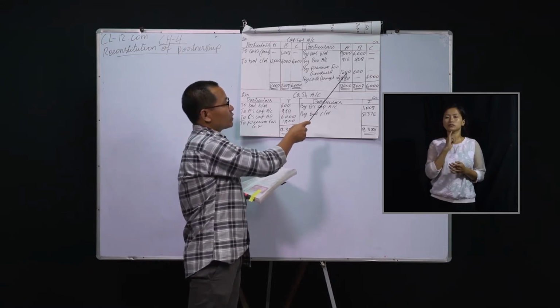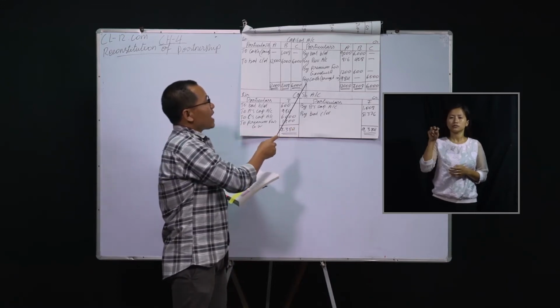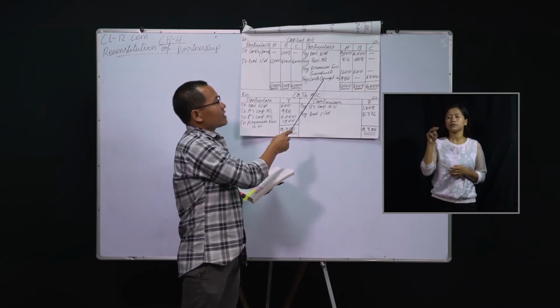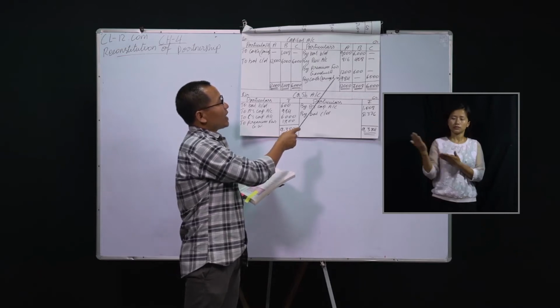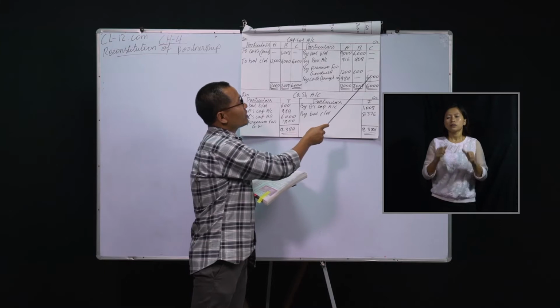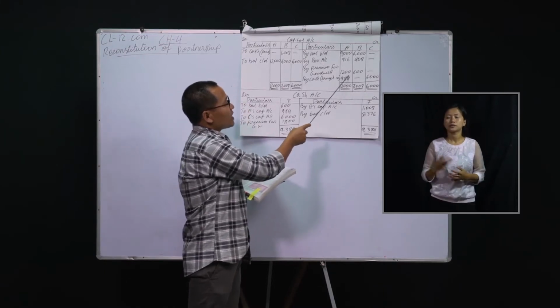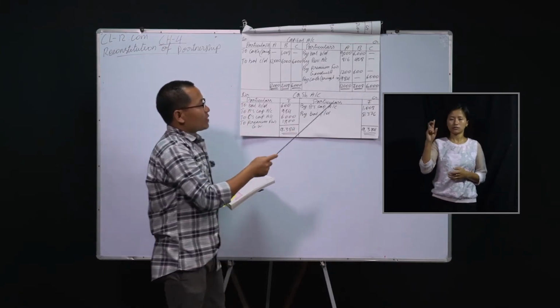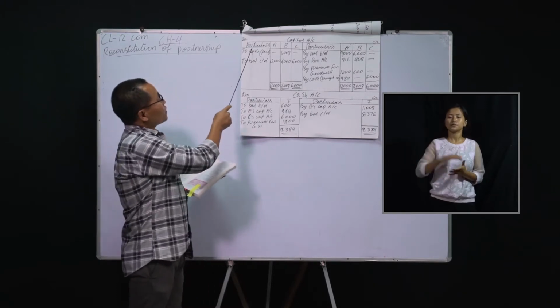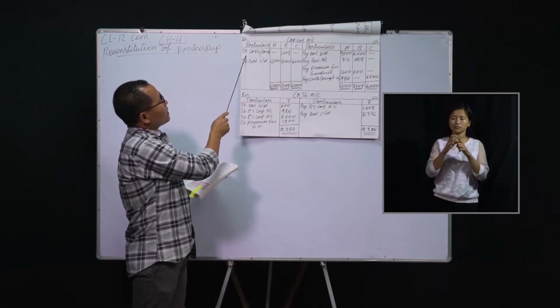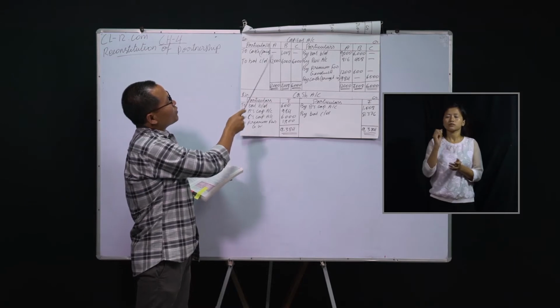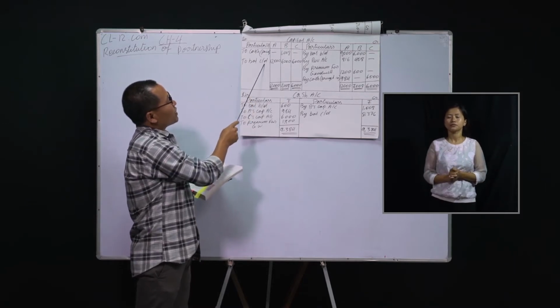That is 1,200 and 600. So by cash, this is the cash that has been brought in by A and C. How this 984 comes, I'll explain later. And then on the debit side, this is the cash paid to B and also the balance carried down.